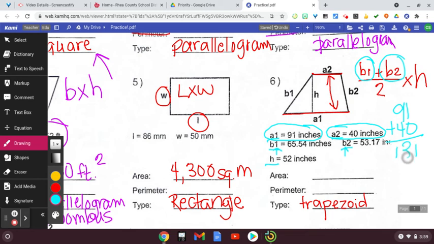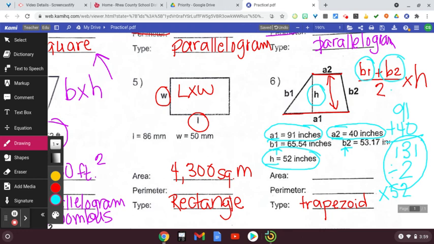We got our 131. Then what you have to do is divide that number by 2. And then when we get our answer, we're then going to multiply it by our height. And remember, our height is our 90-degree angle that's perpendicular to our base. So we're going to multiply that by 52. So be very careful when you're putting this into your calculator.